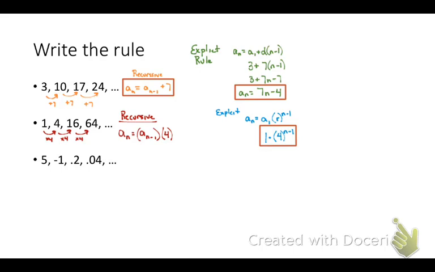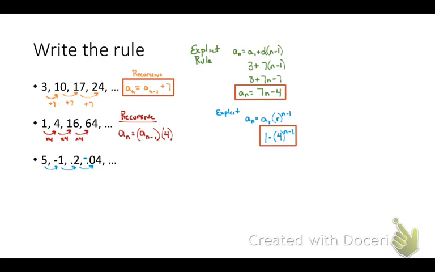Same way here. Now this should be a negative 0.4. Whenever it counts down, usually it is a little more difficult when you go down from one to the next. So from 5 to negative 1 to 0.2.